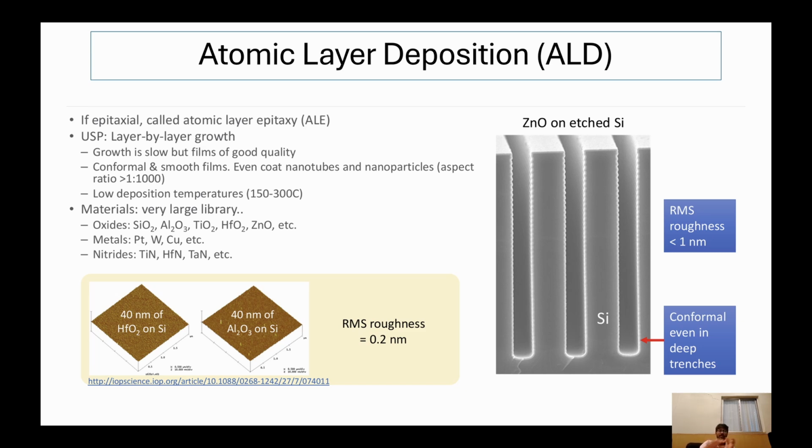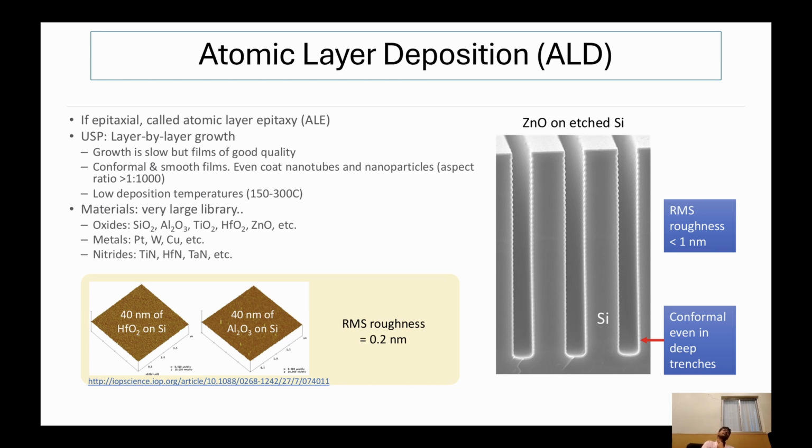In chemical vapor deposition, both the precursors are coming at the same time, and they are reacting at the heated surface. But in this case, only a single precursor, one by one, is coming. No two simultaneous precursors are there inside the chamber.